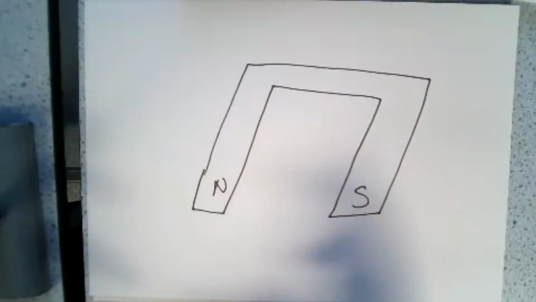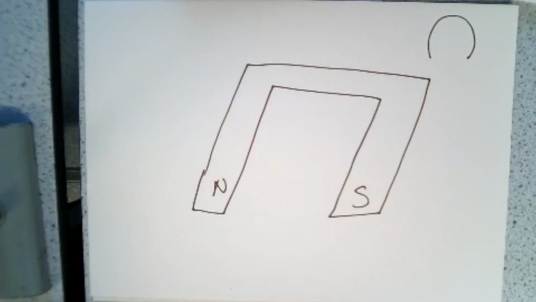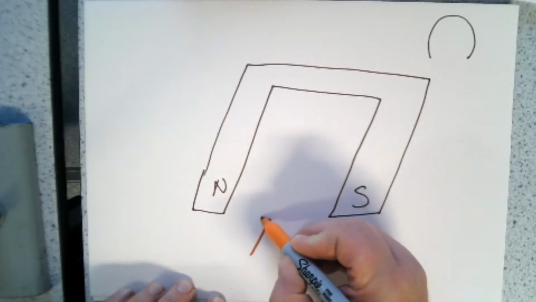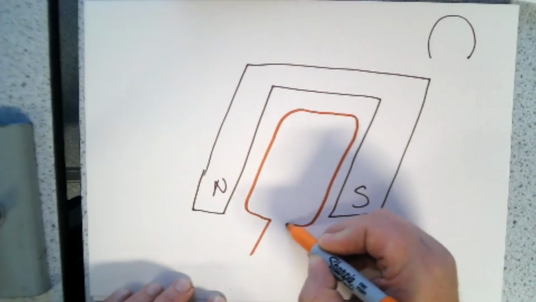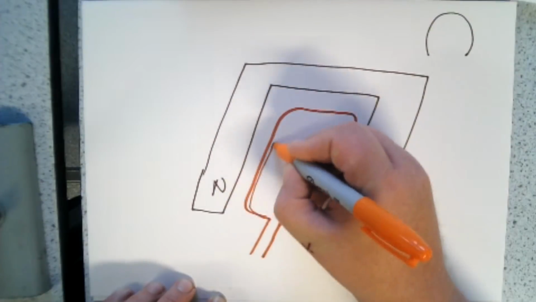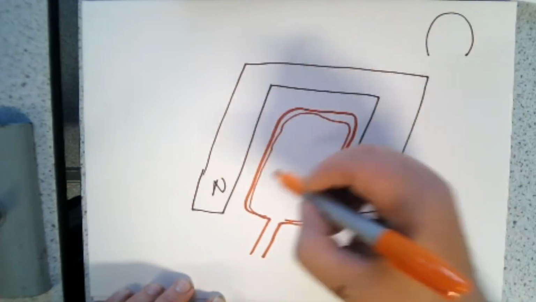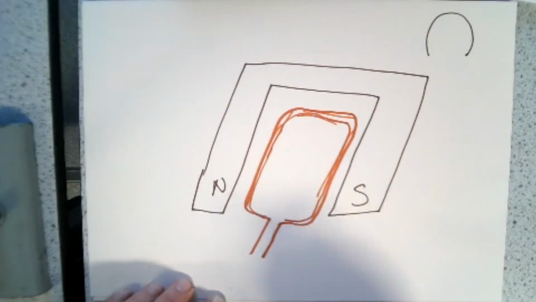So we've got a horseshoe magnet, looks a bit like a horseshoe. And if I then place into my horseshoe magnet a coil of wire. Now I'm drawing it like this because that's what it looks like in the diagrams. Now remember, there's lots and lots of these going round. I'm only going to draw a few. It's a coil. It's not just one line. So there's lots of them going round.